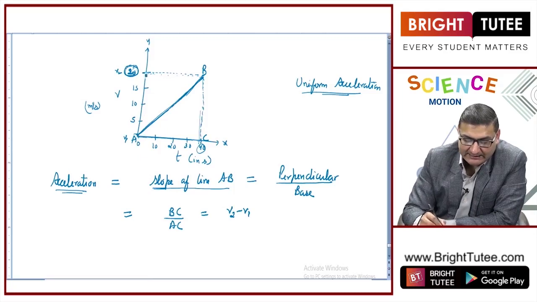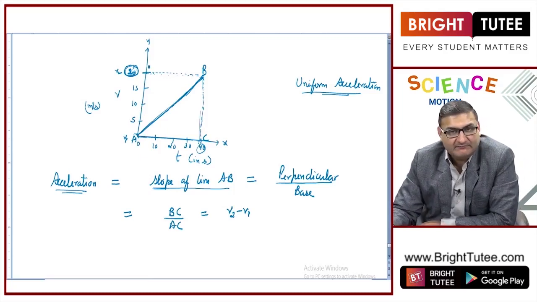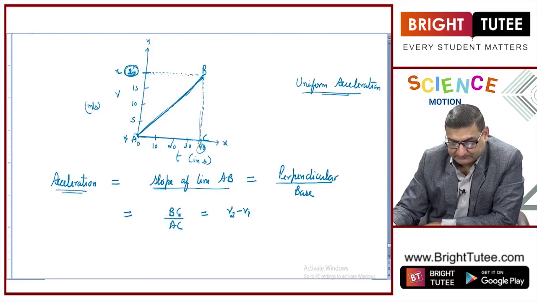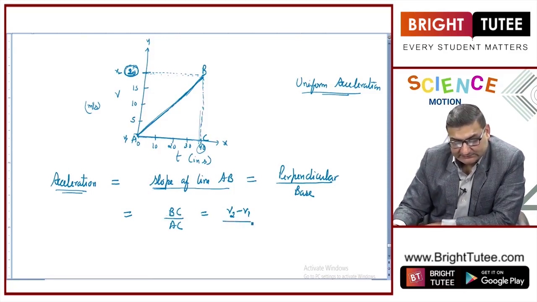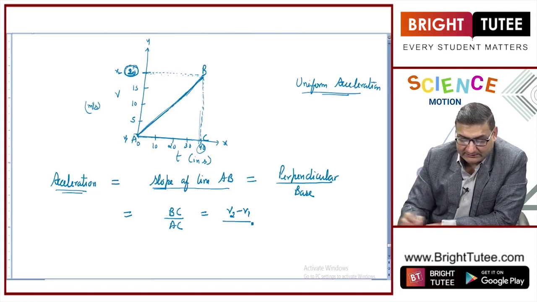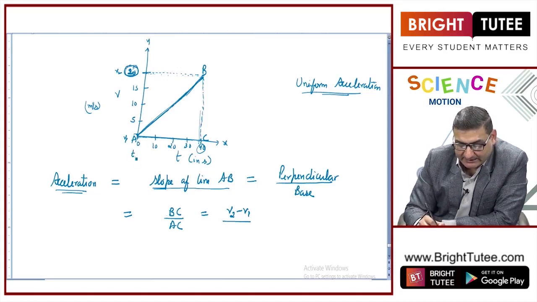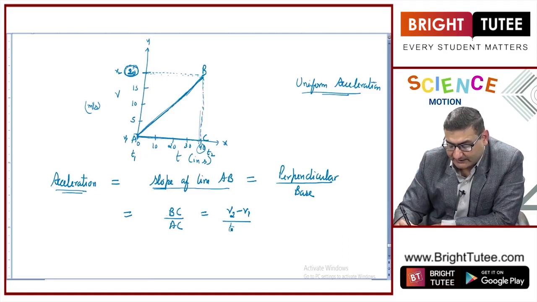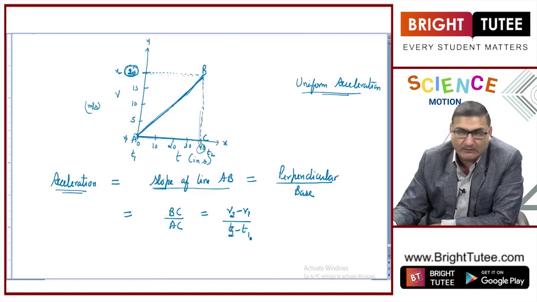This gives me the value of BC, or the velocity, divided by, similarly if I want to calculate the time, the initial time from where the body started, I will mark it as t1, and the value till C will be taken as t2. The time difference is given by t2 minus t1.